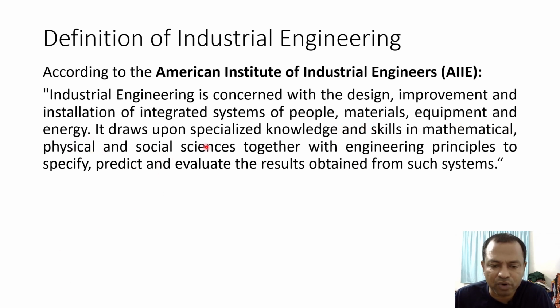It draws upon specialized knowledge and skill in mathematical, physical and social sciences together with engineering principles to specify, predict and evaluate the results obtained from such systems. So this is the formal definition of industrial engineering according to the American Institute of Industrial Engineers.